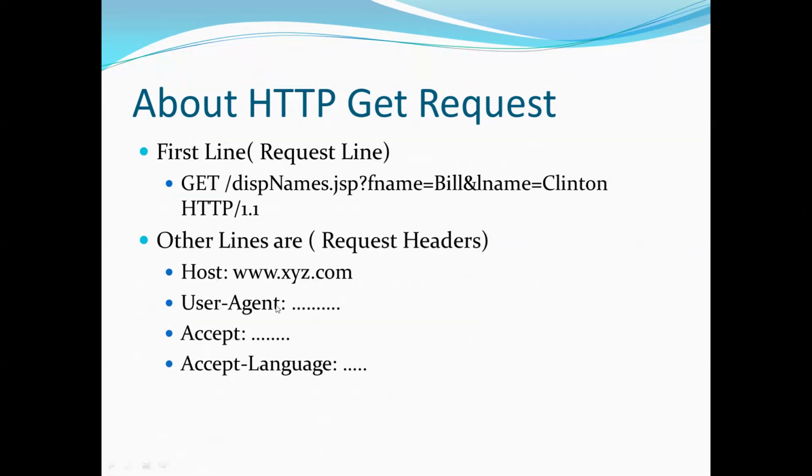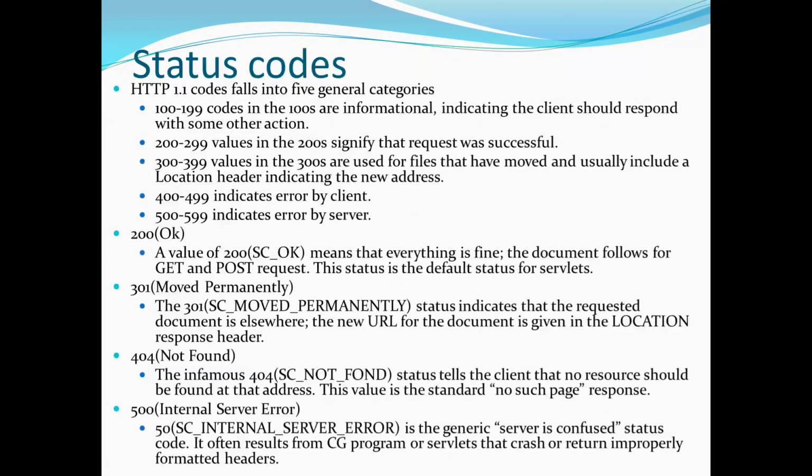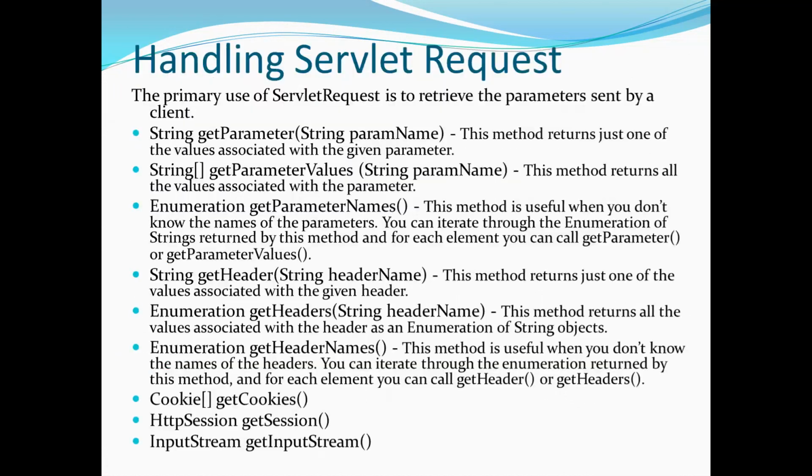Okay, what is the accepting language? So user agent means your browser, that is Mozilla, Firefox, and other things. So you can get all the values by using this method. Which one? This. That is the getHeaders.